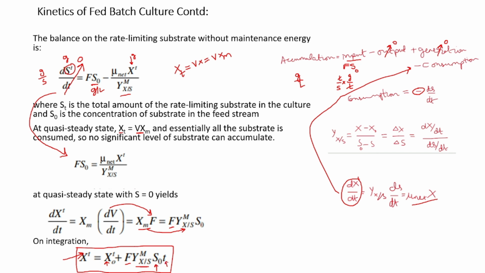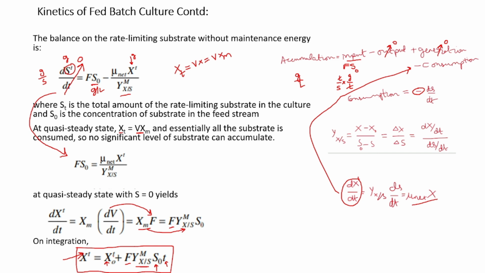So in problems on fed batch culture, they give you the flow rate, the yield coefficient, the initial substrate concentration, and the initial amount of biomass. Okay, and after time t they ask you to find out the final amount of biomass.